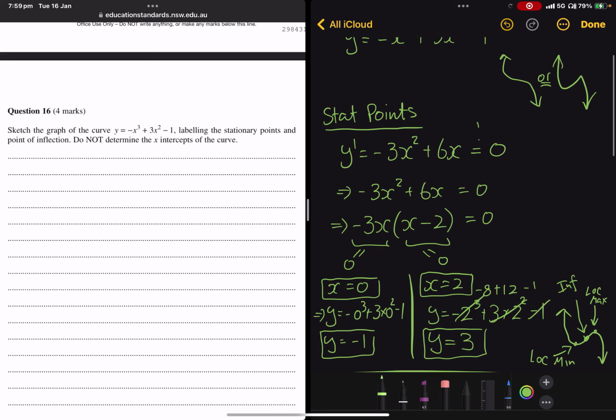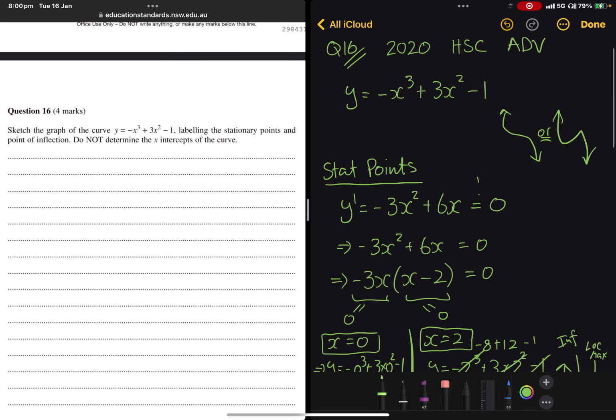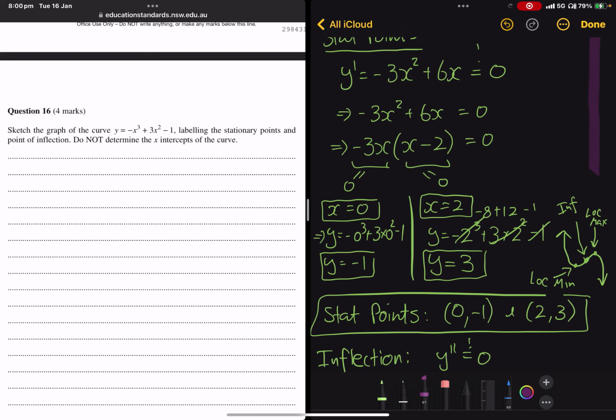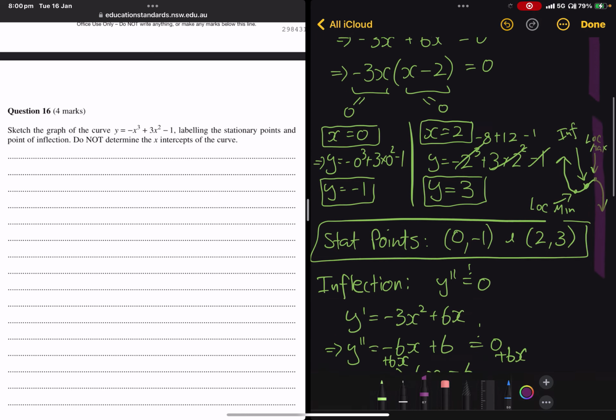So the marking scheme here is pretty straightforward. The derivative or equivalent merit, the first one, is going to get you 1 mark. So if you identify that stationary points will occur at the first derivative, something along these lines will get you 1 mark. Finding the stationary points with x and y coordinates is likely to get you the 2nd mark.